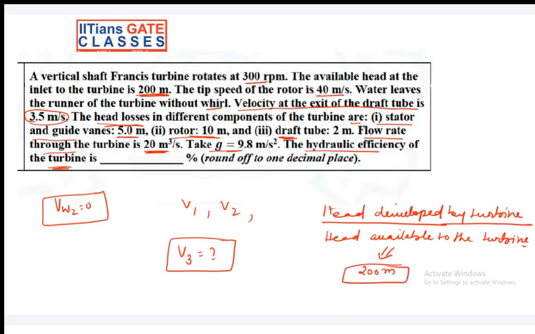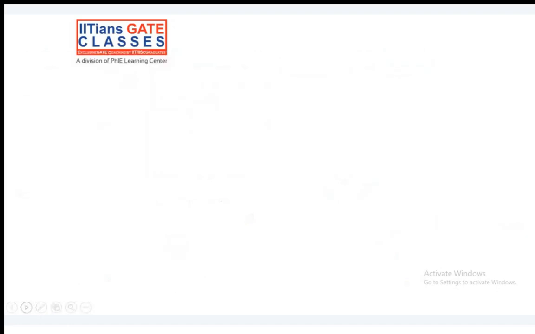So how to find out the head developed by the turbine? Let us find the head developed. Before that, mind this equality: the head at the inlet will go to whom?